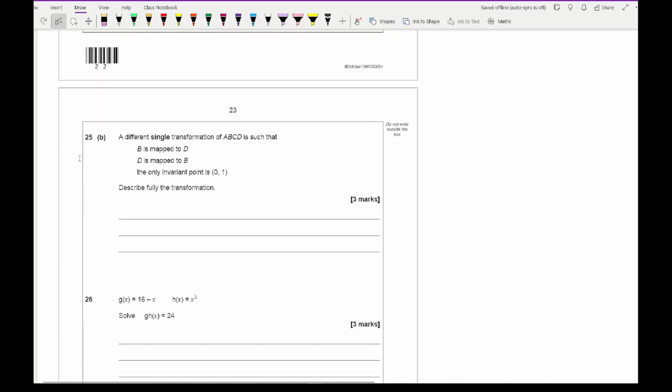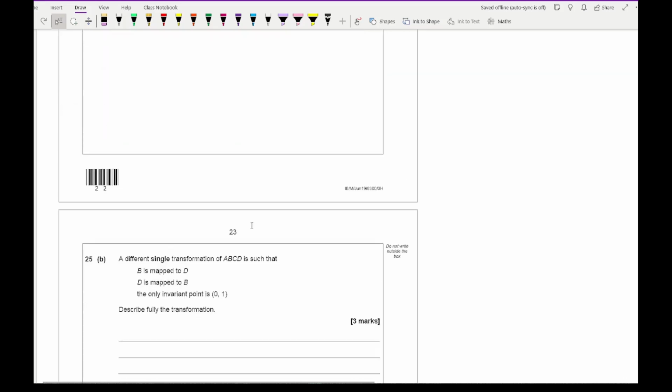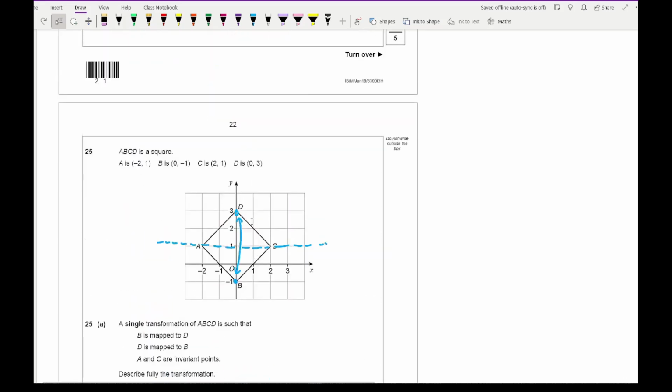Then looking at question 25b, it says that a different single transformation of ABCD is such that B is mapped onto D, D is mapped onto B, and the only invariant point is 0, 1. Describe fully the transformation. So let's have a look, go back to the diagram, and let's talk about what that then means.